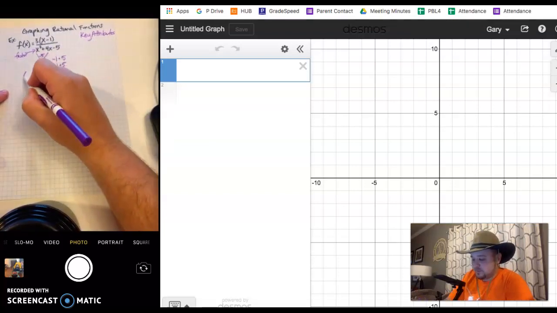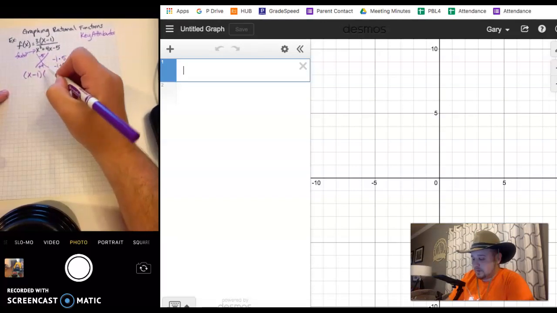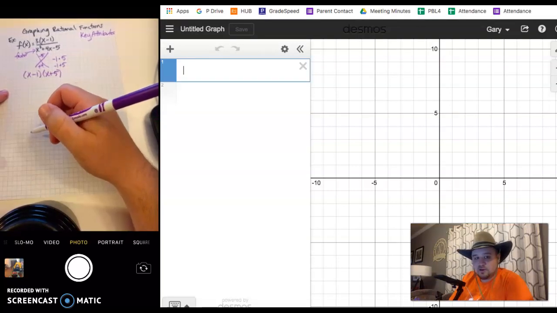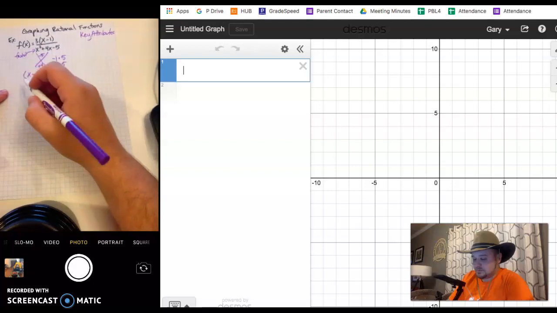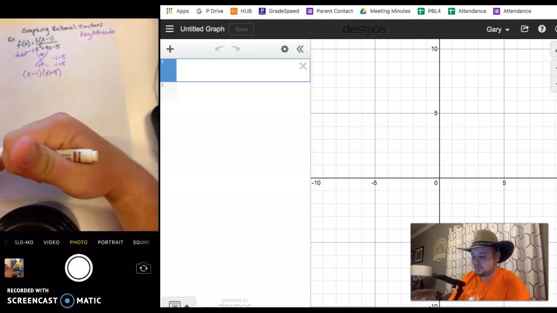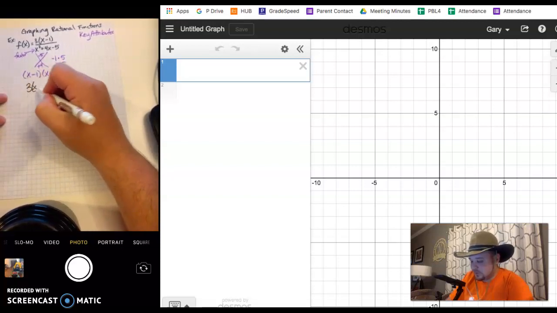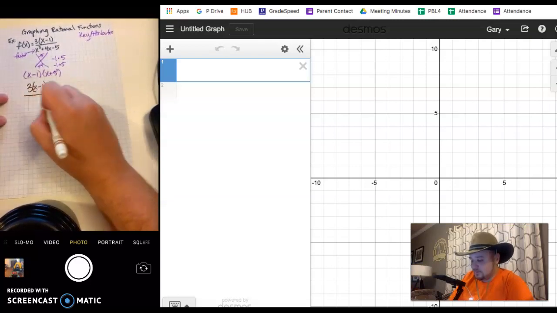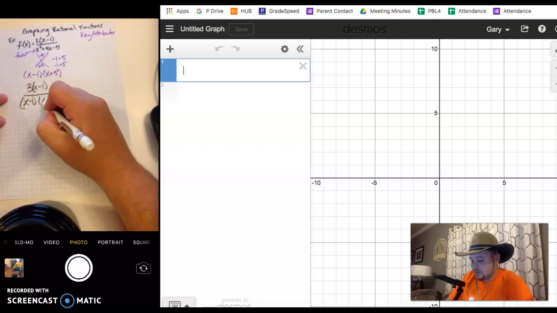So when we factor this, the bottom is going to be x minus 1 and x plus 5. So let's rewrite the whole function, but I'm going to replace the bottom with this factored form. So we're going to have 3 times x minus 1. I'm going to leave that like that because there's an x minus 1 right there, so that's going to cancel out nicely.